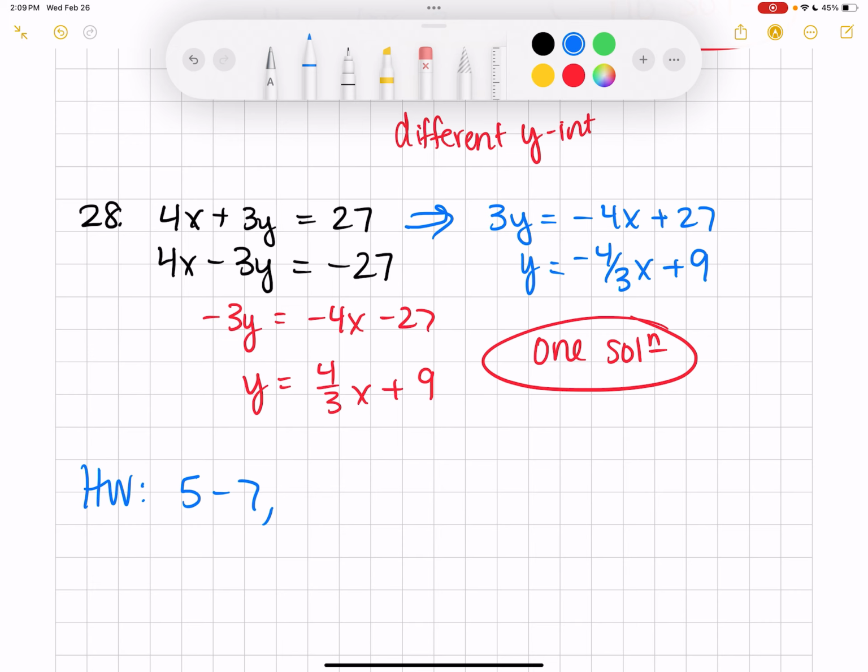And then 9 through 29 odd. Now, today's Wednesday, so you should be working on this for the last 10 minutes, but they're not technically due till Friday.